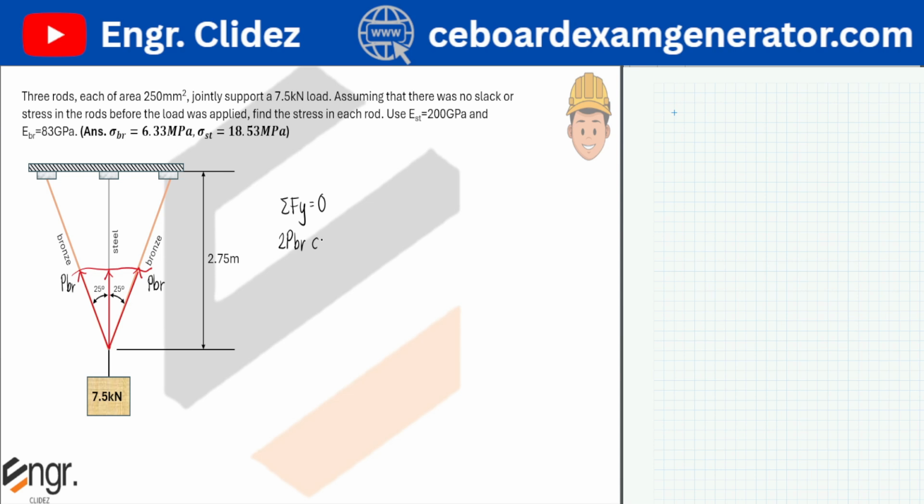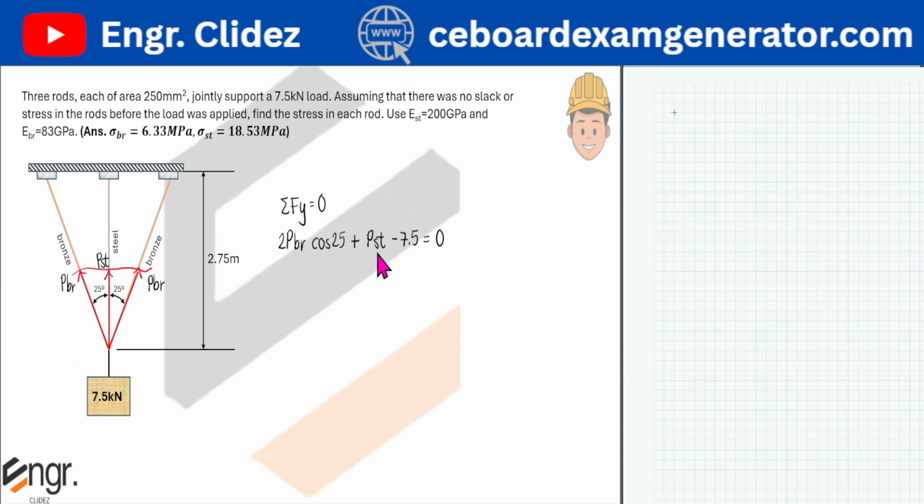Then we multiply this by the cosine of 25 degrees, since this vertical line or the y-axis is adjacent to the reference angle. Then plus, this one is the force in the steel rod, so plus P_ST. And we have 7.5 acting downward. Then we set this to 0. So this is our first equation from statics.